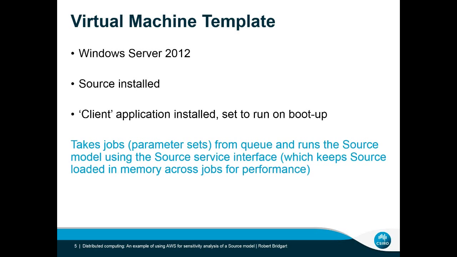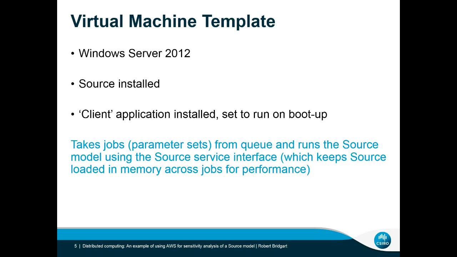What the client application does is it looks at the database, takes a job off the queue, gets the parameter set for that job, and then runs Source using the Source service interface with that set of parameters, and then stores the results of that run to a cloud store. And basically it repeats that.